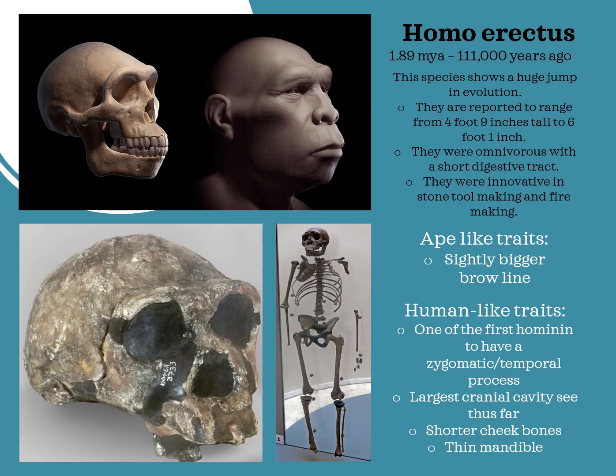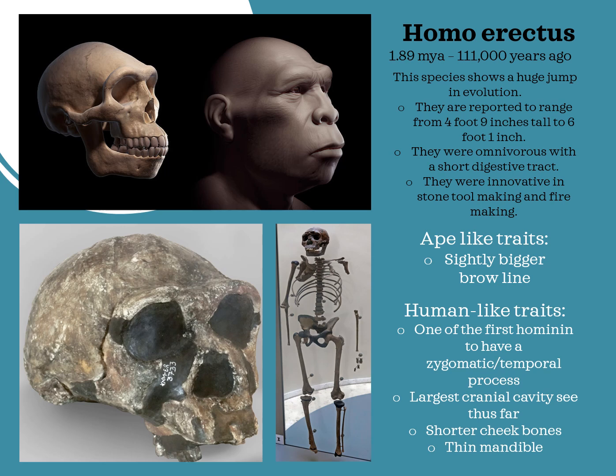Next, we are going to discuss Homo erectus. We are reaching one of the final species in our evolutionary path, considered to be from 1.89 million years ago to only 111,000 years ago. This creature is more human than ape, having a more sculpted face and the height of an average human.